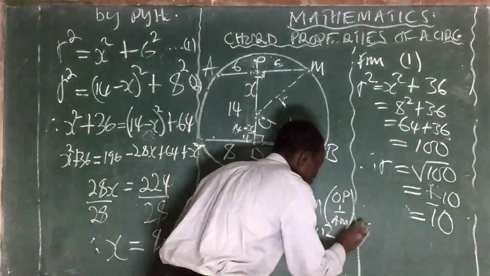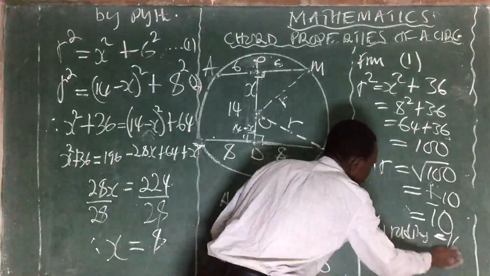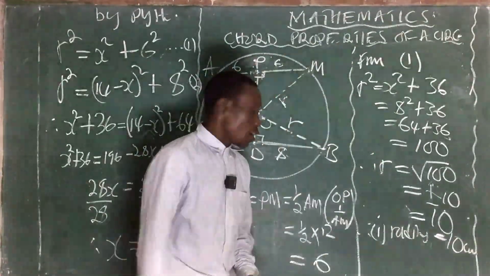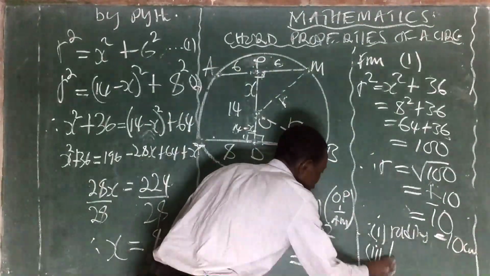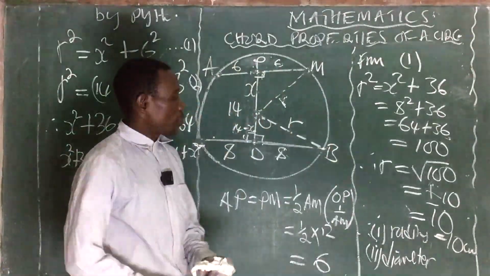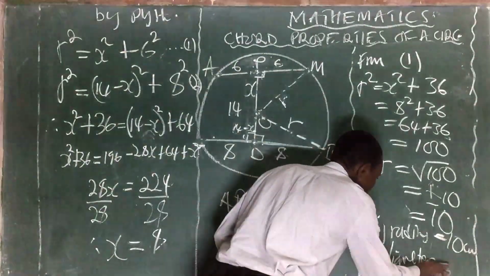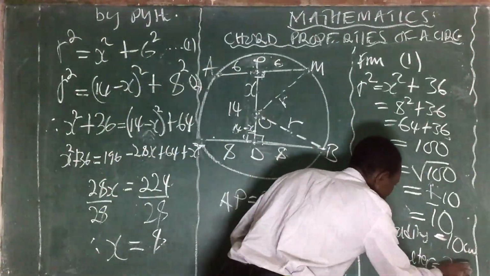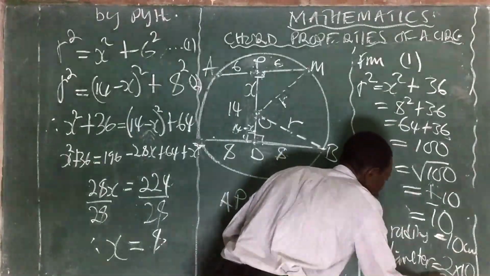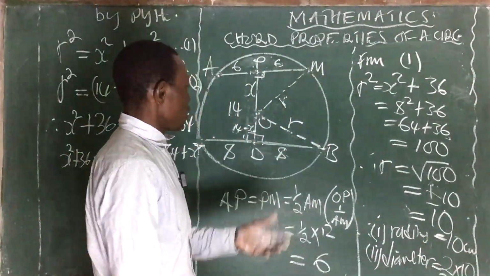So we conclude, therefore, 1, the radius is equal to 10 centimeters. What about 2 now? Diameter, from what I explained earlier, diameter should be twice the radius. So here you just have your diameter coming in from 2 times 10, which gives you 20 centimeters. Right, so that's it about it.